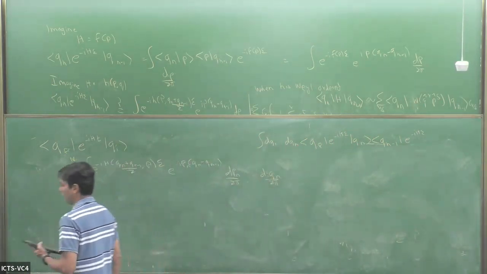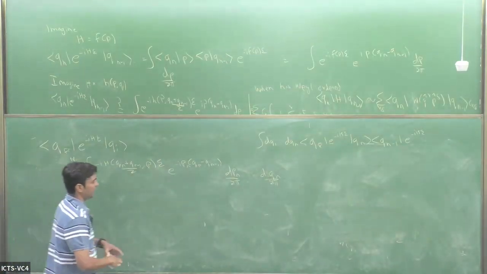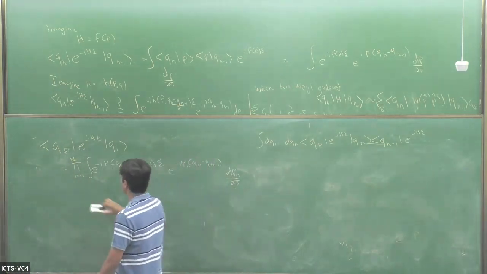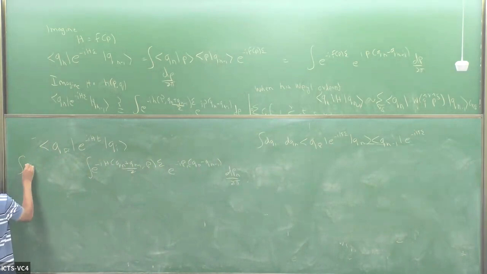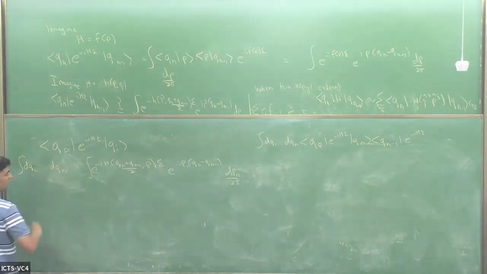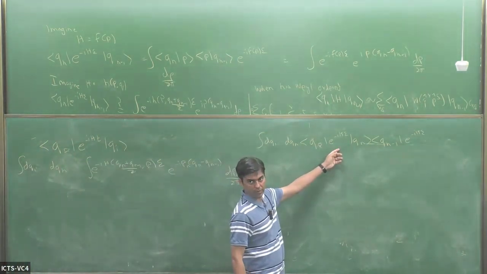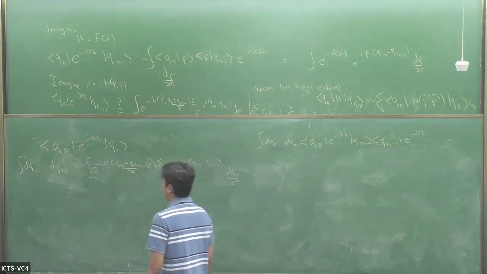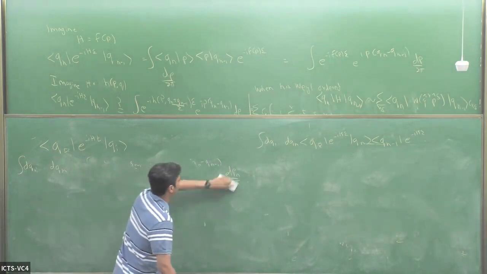Rather than writing these products, let me write it in that form. We have an integral over dq1 to dqn, and then for each one of these we got an integral over pn.